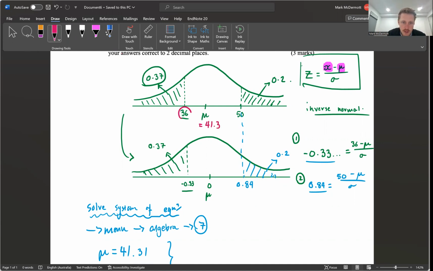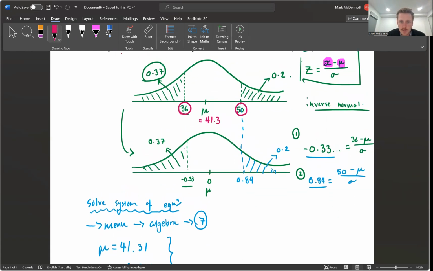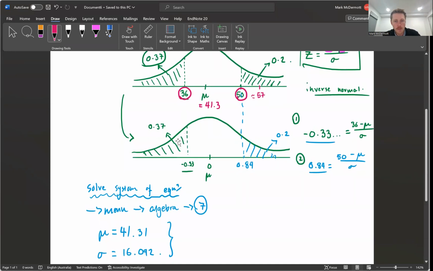Now that looks good. 36 is here, 50 is up here. It's in between them. And the standard deviation is 16. One standard deviation above the mean is 41 plus 16, which is 57. So 57 is up here somewhere. That's one standard deviation, approximately. Okay, and that's it.